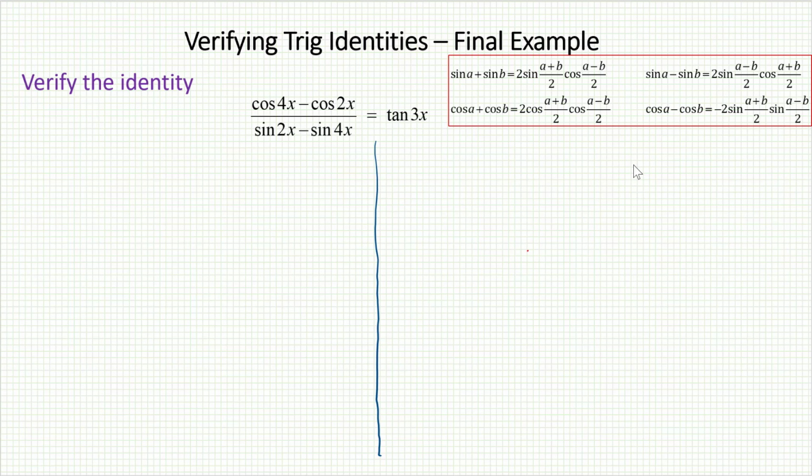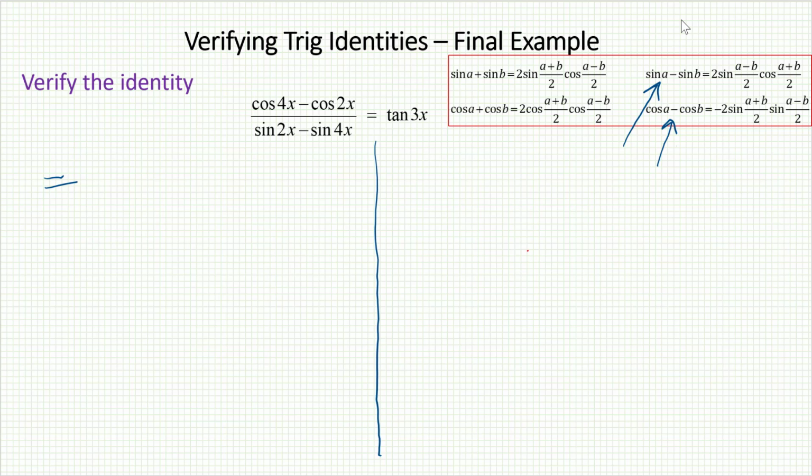Okay, so here are those sum to product identities. What am I going to need? On the top there, I have a cosine minus cosine. That's this one. And on the bottom, I have sine minus sine, which is this one up here. So it's just a matter of directly substituting in. We have the left side. We're going to replace it with the right side.